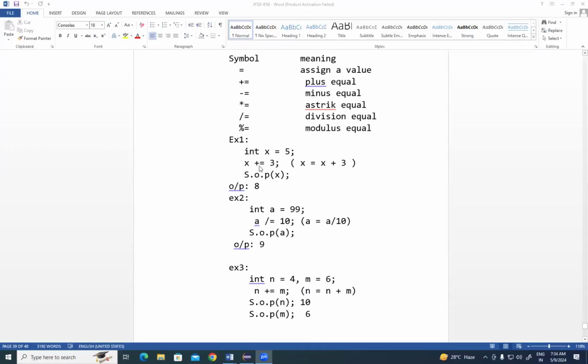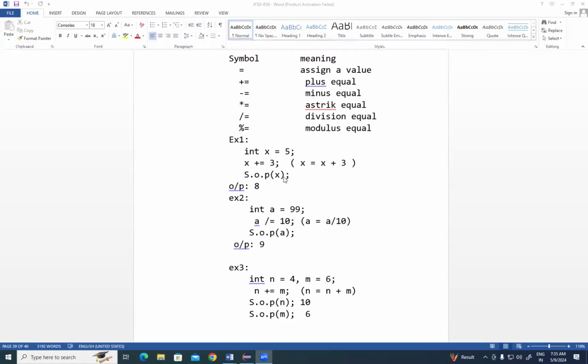What do you mean by X plus equals 3? This is a short form of this expression, which means add the value 3 to the variable X and store the result back into the same variable X. That's the meaning of this. The current value of X is 5. Add 5 plus 3, 8. The result will come back and be stored in X only.